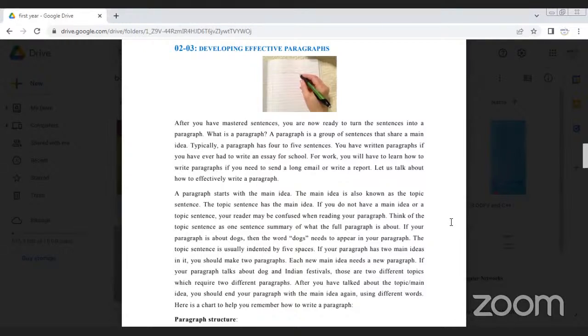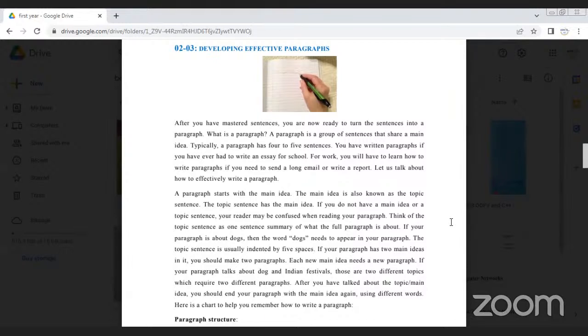If you have ever had to write an essay for school, or for work, you will have to learn how to write paragraphs if you need to send a long email or write a report. Let us talk about how to effectively write a paragraph. A paragraph starts with the main idea.